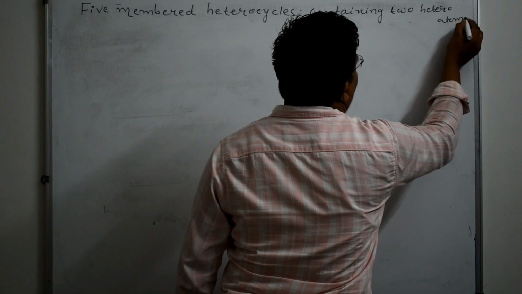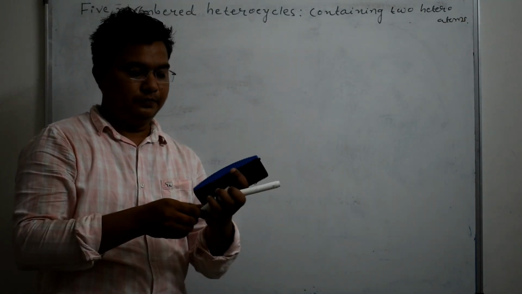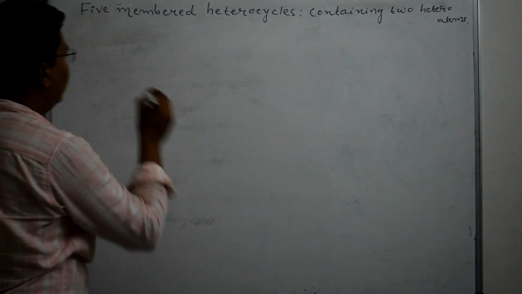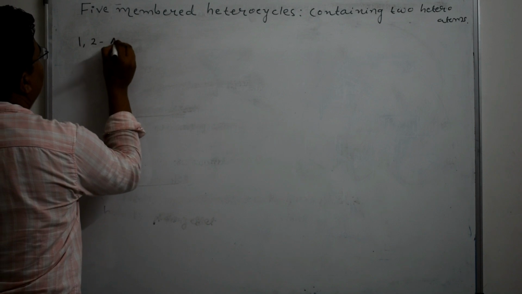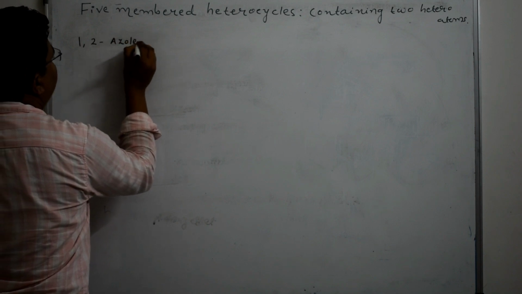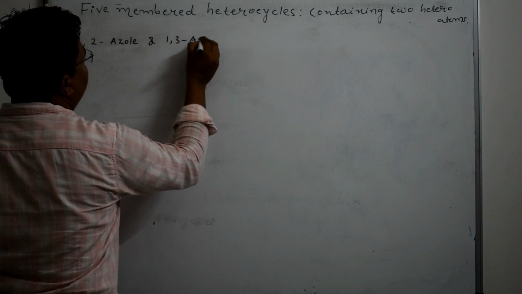So basically in this category, we are going to discuss two classes. One is called 1,2-azole, whereas another is 1,3-azoles.